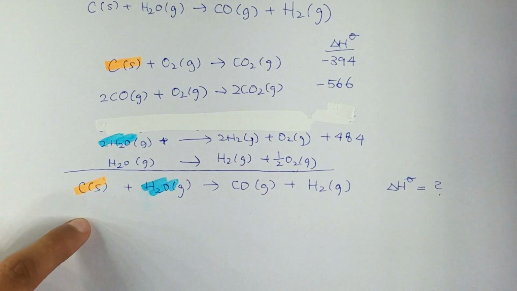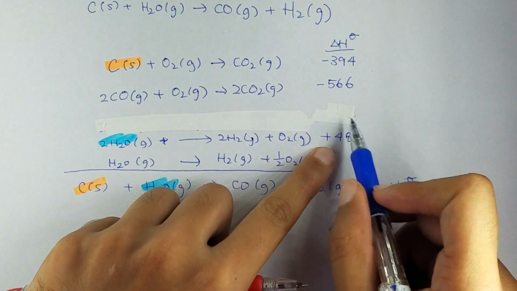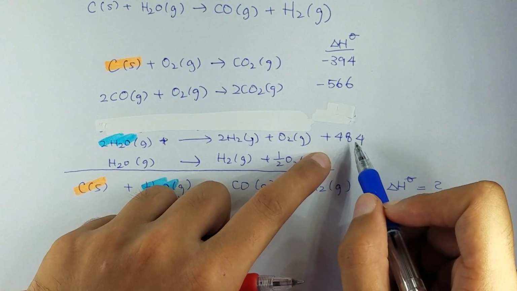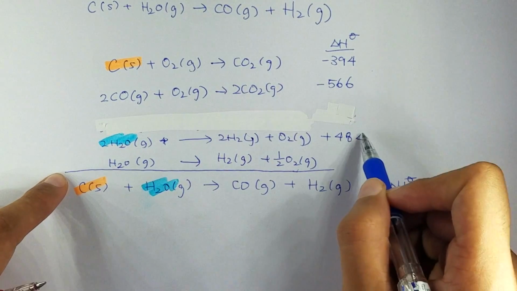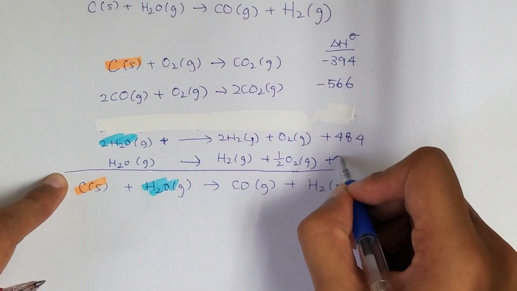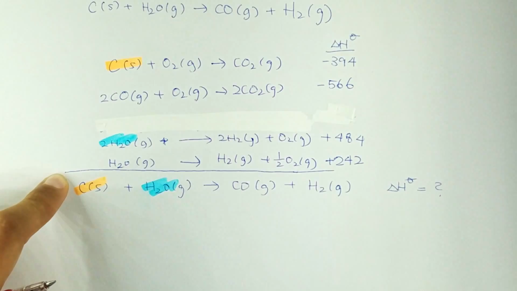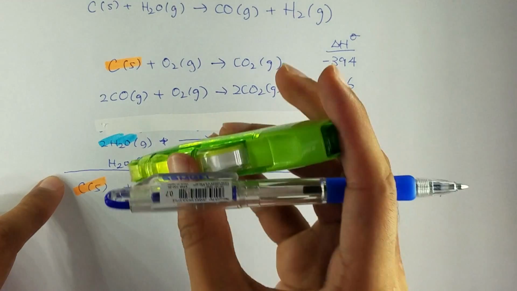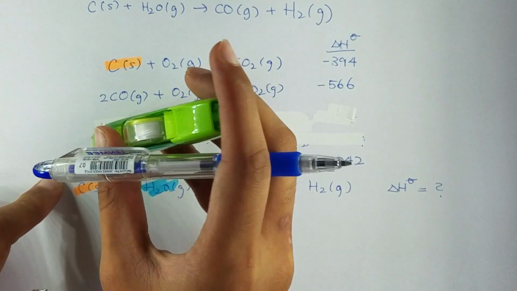And then, what else do we have to change? Yes, always ask ourselves, do we have to change the enthalpy change? Yes, in this case we have to because we're dividing the whole equation by 2. Therefore, 484 divided by 2 is 242. Okay, so we do not need this equation at all.